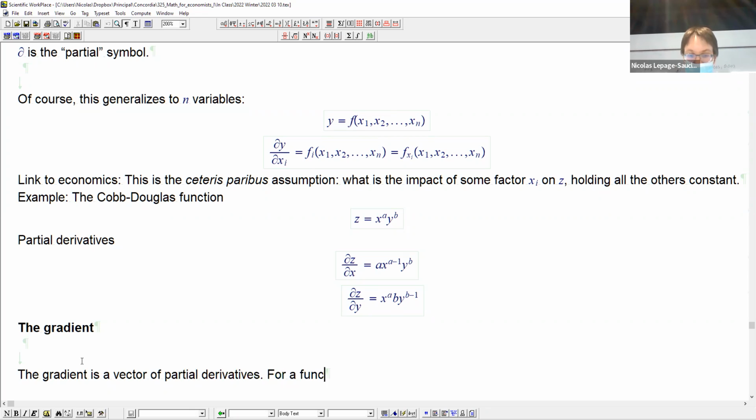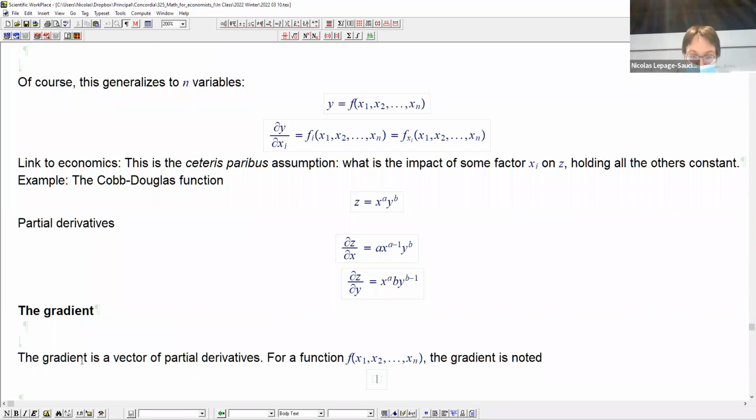For a function f of x, the gradient is del f of x1, x2, xn, which is just a vector of partial derivatives.